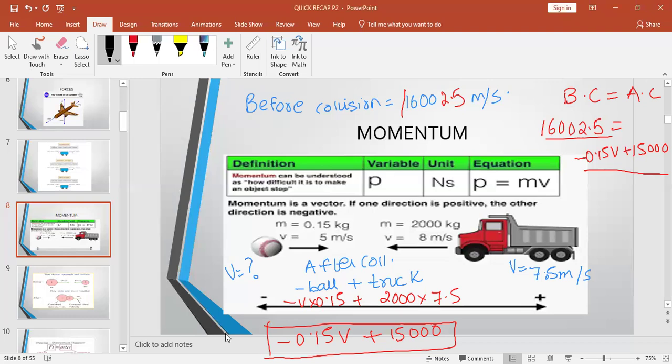The answer after subtraction will be divided by minus 0.15. How have you done this calculation? It will be negative because we have to take it to the other side so we can divide it. Divide by 0.15. So you'll get a negative velocity, okay? Why? Because it is moving in the opposite direction. Clear?